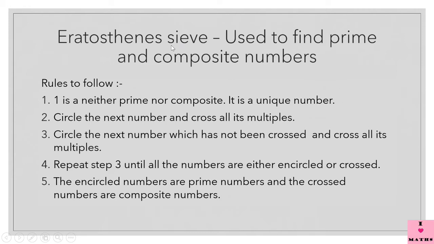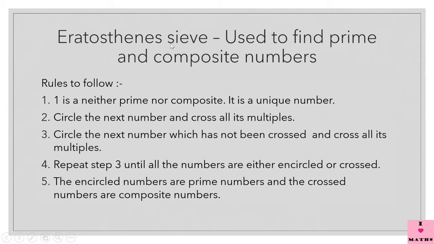In English, the meaning of sieve is channi. Do you understand what is channi? Children, this is an object which has got very fine holes, and when you make tea, to separate tea leaves and tea, we use a sieve.